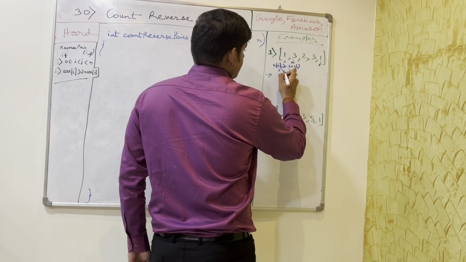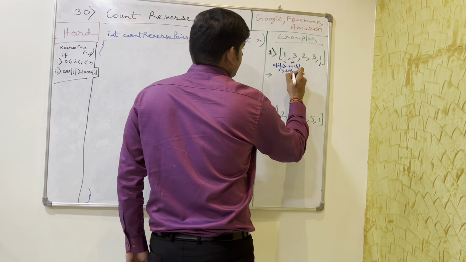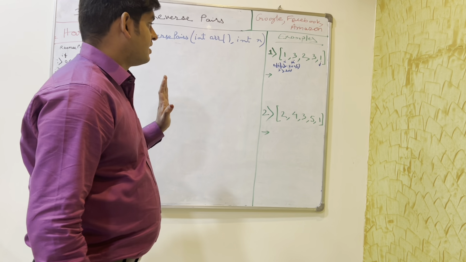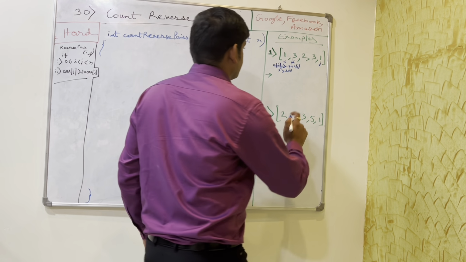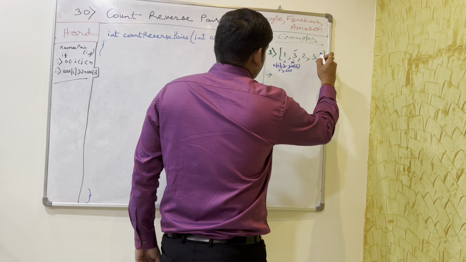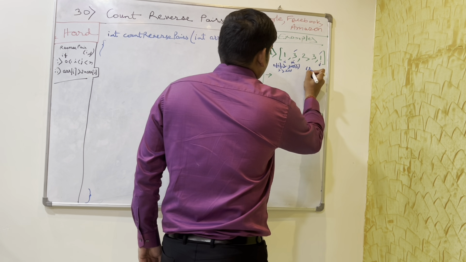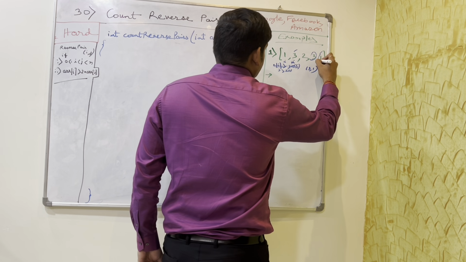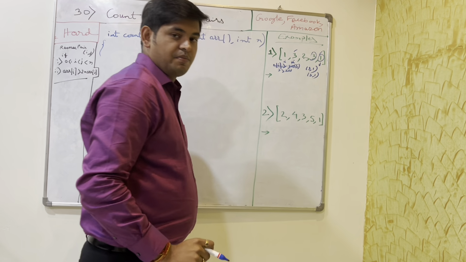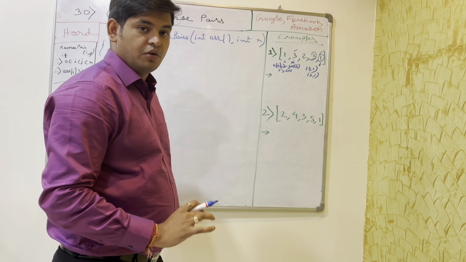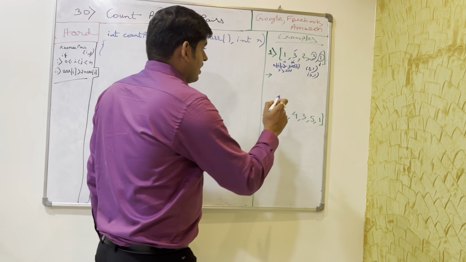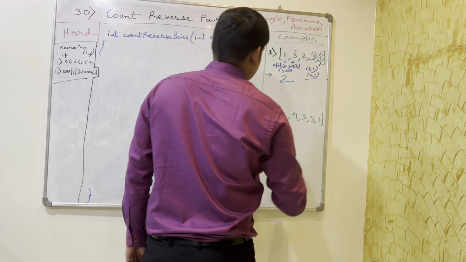That means 3 is greater than 2 into 1, right? So we need to count and return the number of those reverse pairs. Here, 3 and 1 is one of the pairs, and this 3 and this 1 is also one of the pairs. Is 2 comma 1 a reverse pair or not? No, it's not, because 2 is not greater than 2 into 1, it's equal. So here we have two reverse pairs.